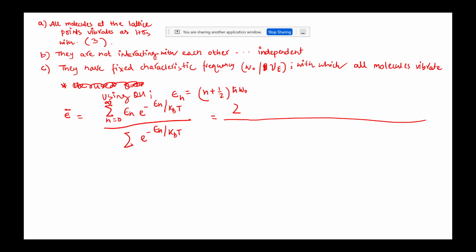So this is the sum from n equal to 0 to infinity of En, which is (n plus half) h cross omega naught, times the exponential of minus En by kBT, which also has n plus half.